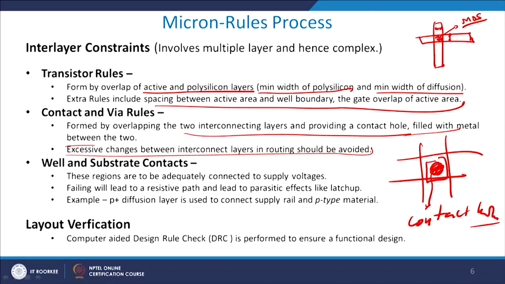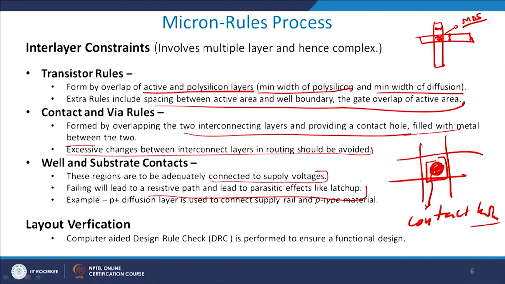Now well and substrate contacts should be adequately connected to the supply voltage, as we have discussed already. Failing this will lead to a resistive path and lead to parasitic effects such as latch up. This is pretty important, and a problem area you seldom find in the micron based design rule is if you do not connect your substrate and your N well, P well either to the supply or to the ground, and you keep it floating, chances are that there is a problem of latch up.